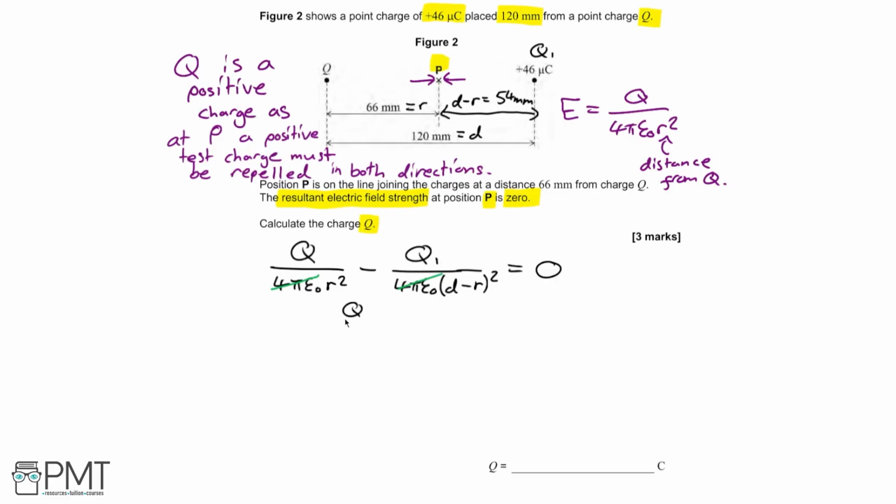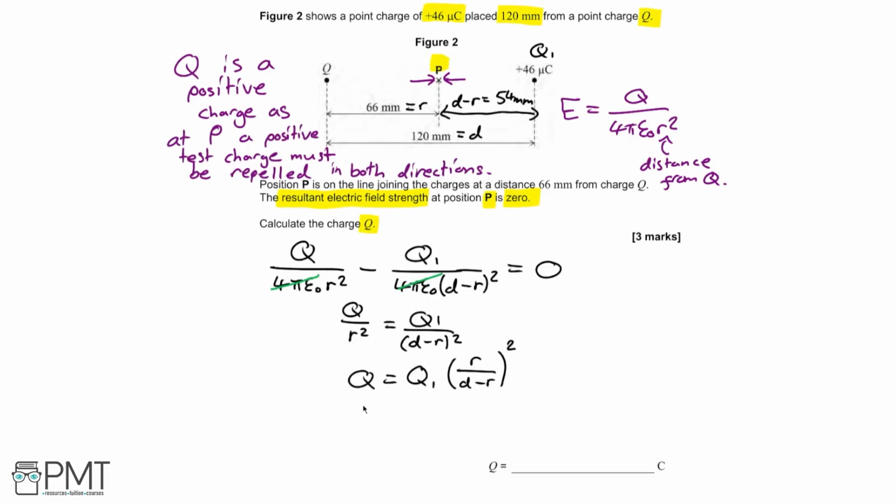So we have Q divided by R squared is equal to Q1 divided by D minus R all squared. Then we can rearrange by multiplying both sides by R squared and simplifying to put everything inside a bracket to save us work when we enter this into the calculator, as Q is equal to Q1 times R divided by D minus R all squared.